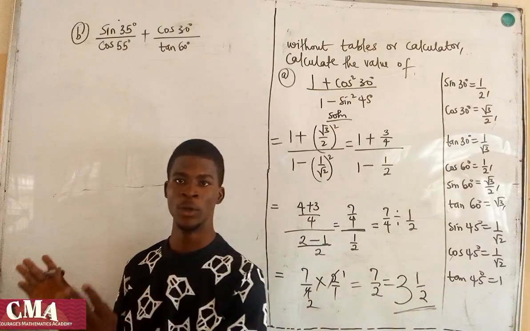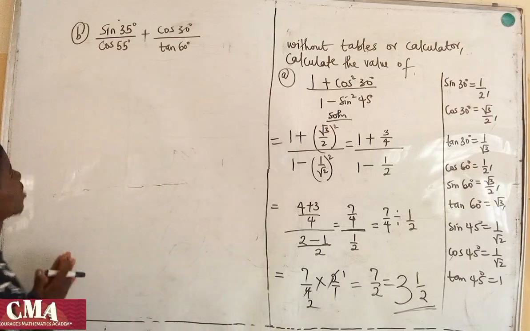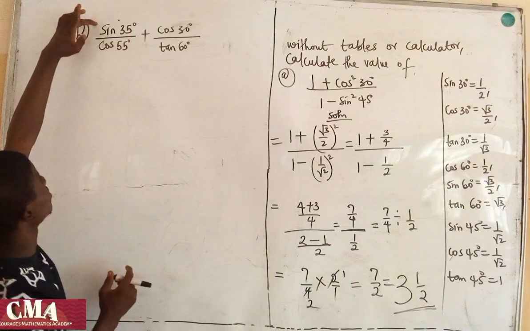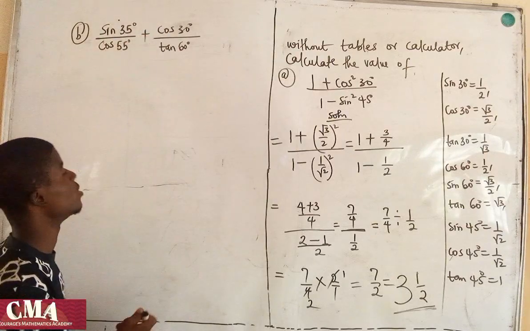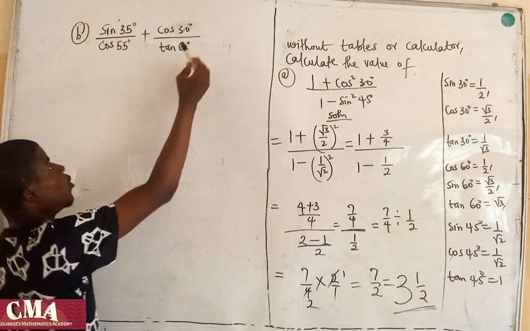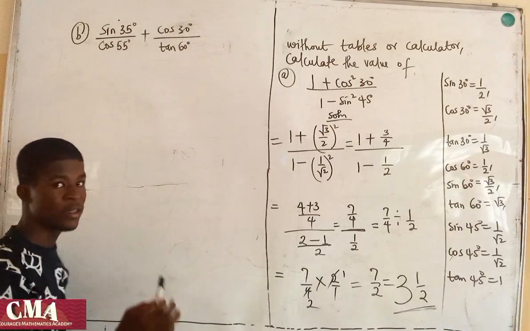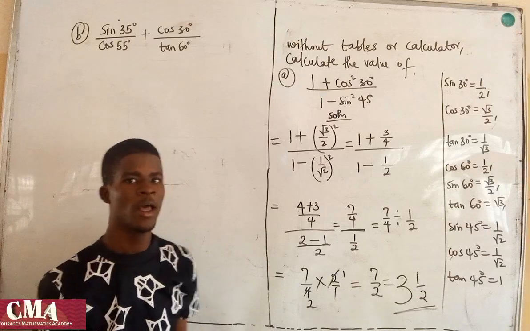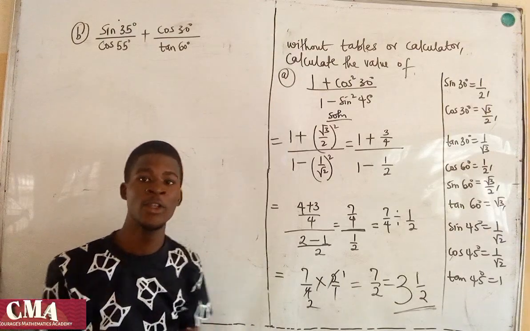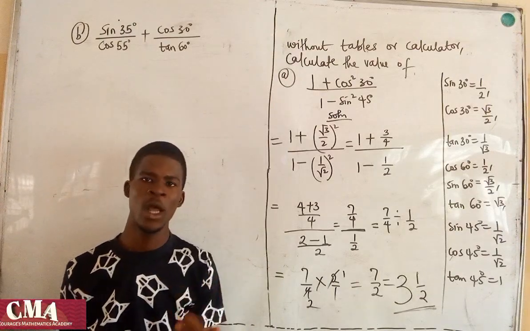Now, question B. It says, without calculators, simplify sin 35 over cos 55 plus cos 30 over tan 60. We know here that only 30 and 60 degrees are special angles; 35 and 55 are not special angles. But let's see what happens.